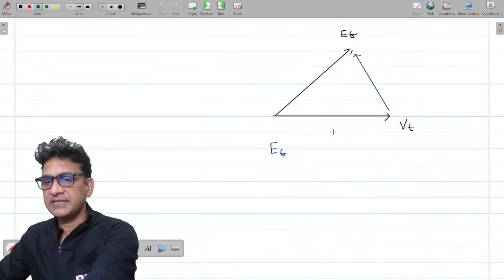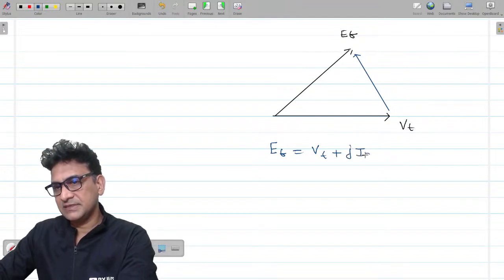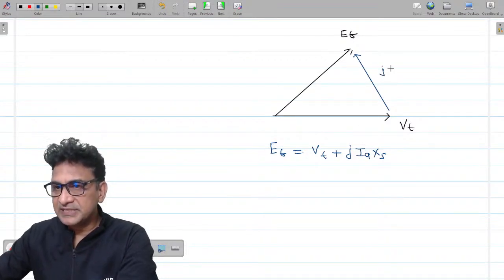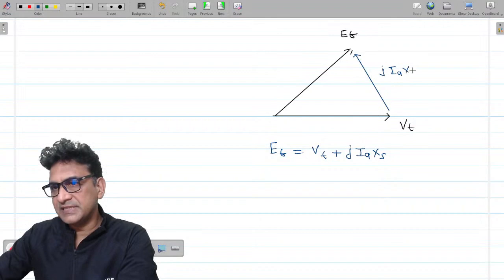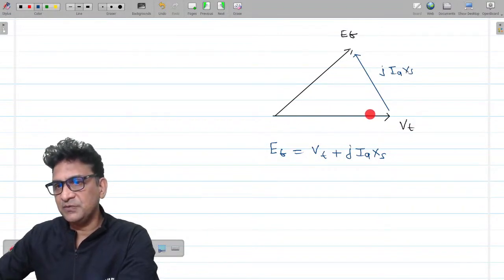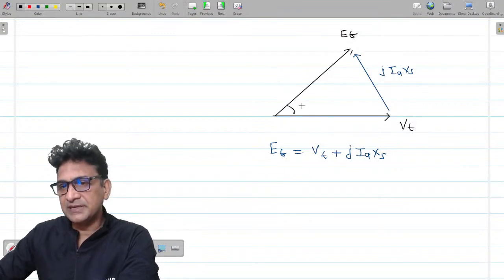Then EF is Vt plus jIaXs. So this is basically jIaXs, because the sum of these two phasors, Vt plus jIaXs, is equivalent to the EF phasor. And we know that the angle between EF and Vt is equivalent to delta.